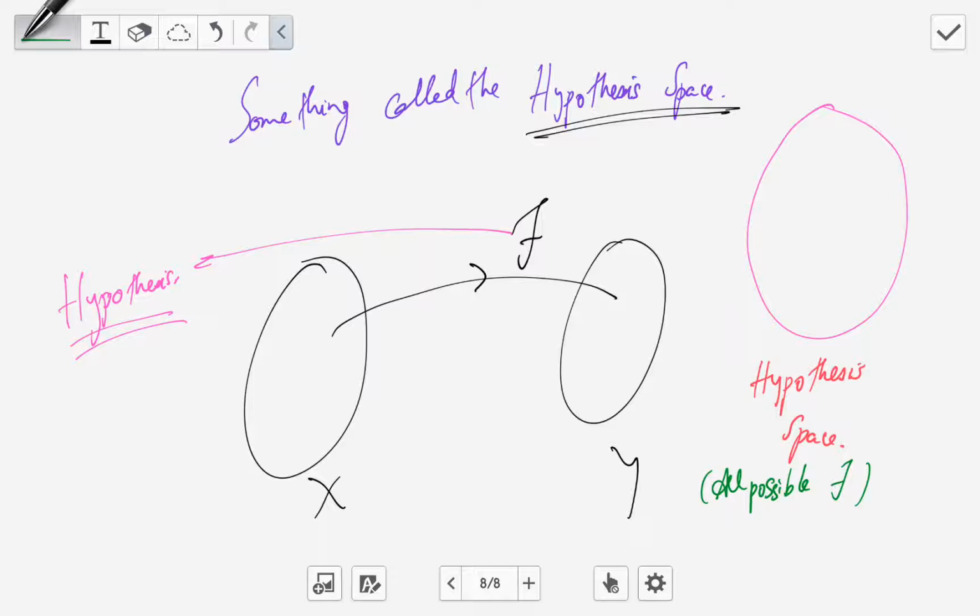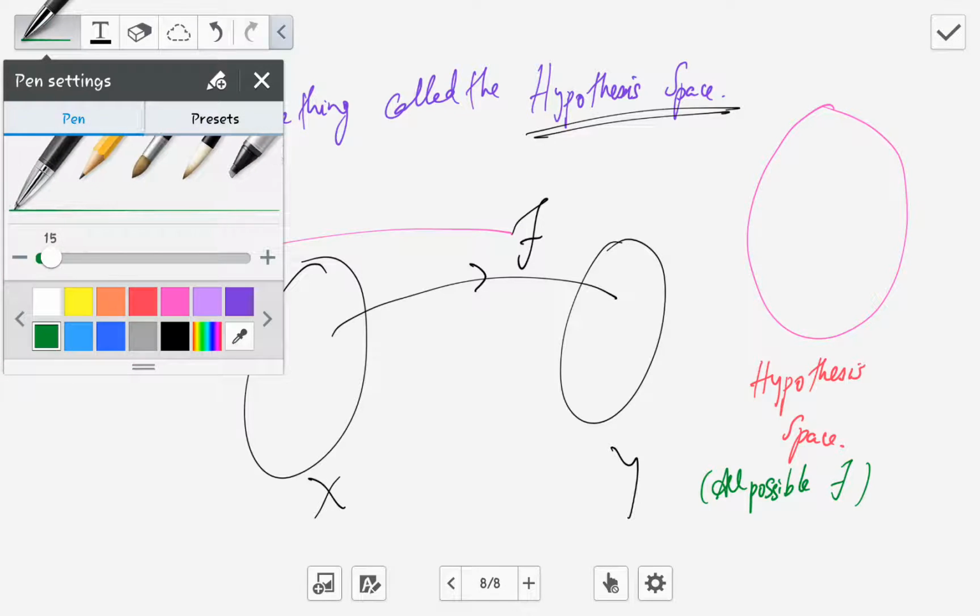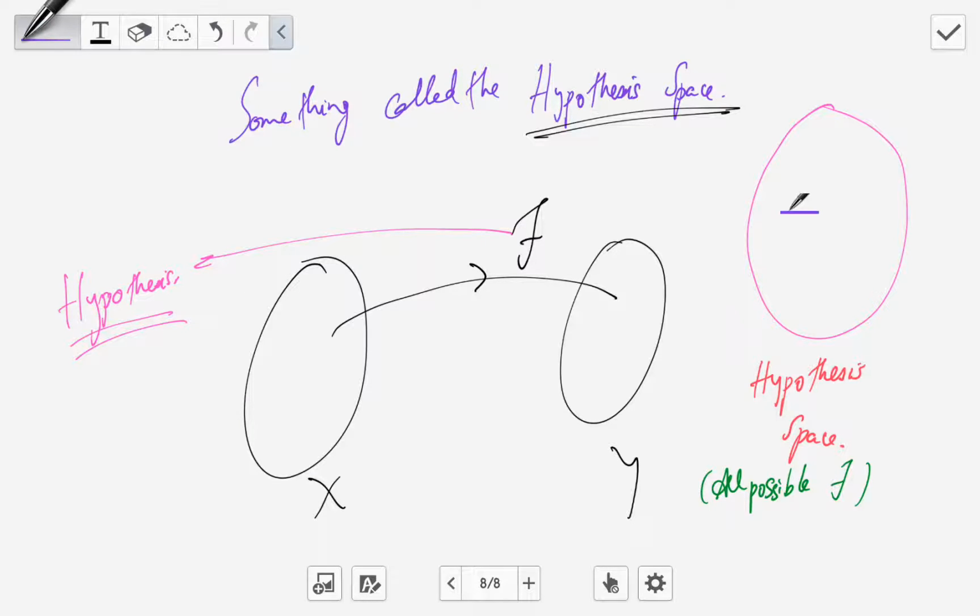Yeah. Now I want to pick some f from this space so that it minimizes my loss, the squared loss. But then in this hypothesis space, let us make a constraint. I will say I just want to pick from this area.